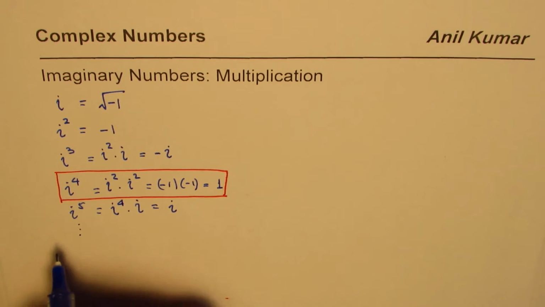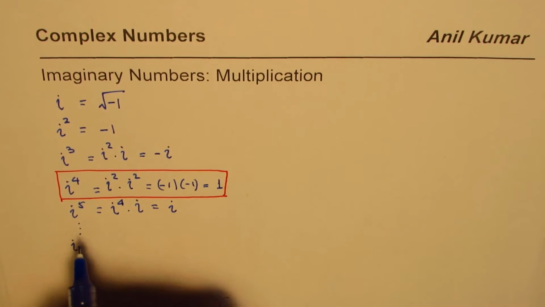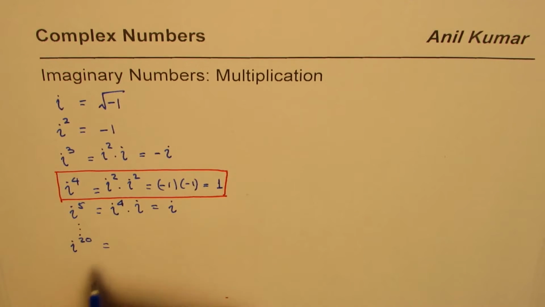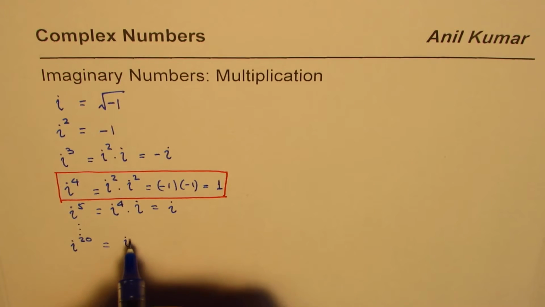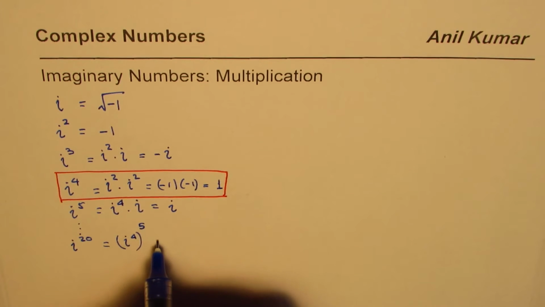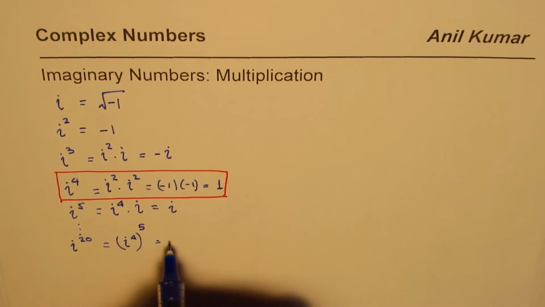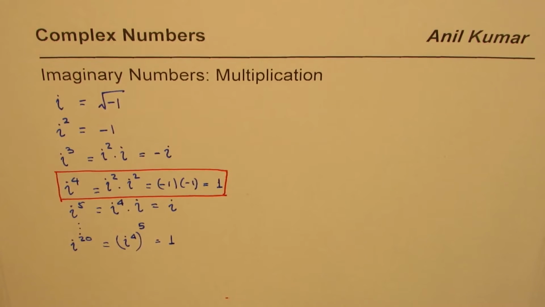Now this helps to calculate any power of i. For example, if I say what is the value of i to the power of 20, then we know 20 is a multiple of 4, right? 4 times 5 is 20. I could write this as i to the power of 4 to the power of 5, right? That gives me 20. And since i to the power of 4 is 1, I could write this value as 1.